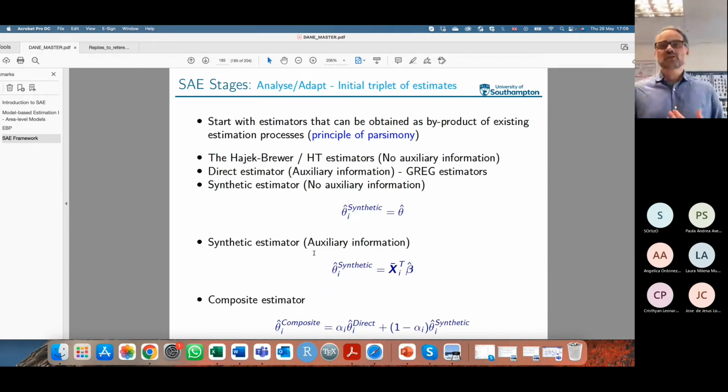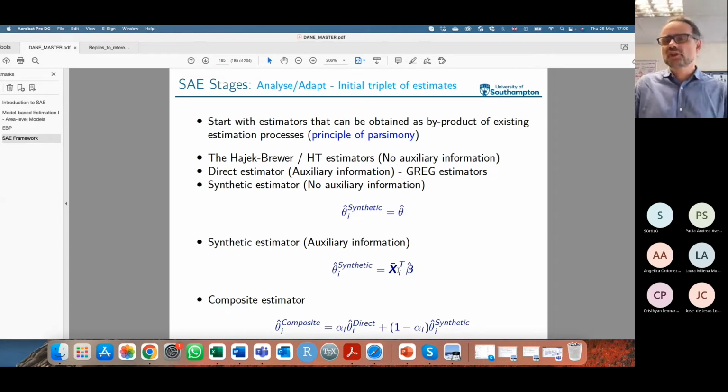And you can have a synthetic estimator that is based on some kind of model-assisted model, and this is an estimator that we described in parts of the training, where you use a working model, say a regression model, fit it to your survey data.